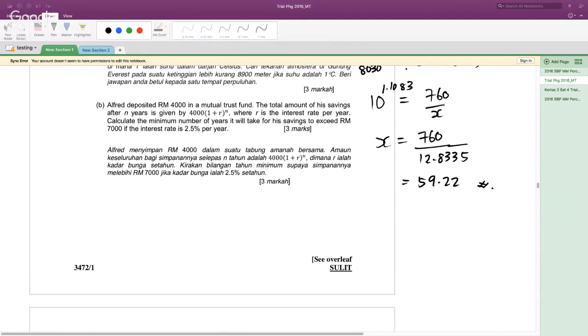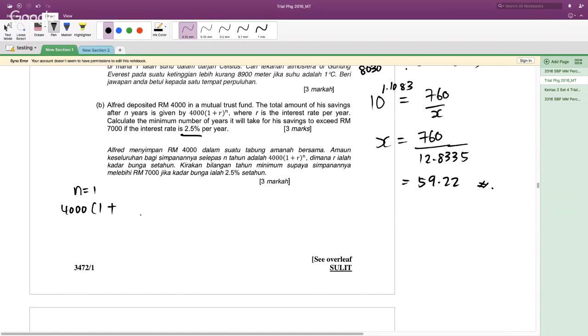So in this case, I'm trying to get the amount after n years. So I try to substitute n equals 1 into the formula, which is 4,000 times 1 plus the percentage. The percentage is 2.5.